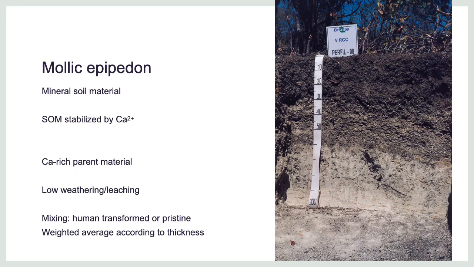Or, as is most common, you can find pristine conditions, just the natural conditions, where the interaction between the soil formation factors creates a Mollic pattern, okay? And also something that's quite important is that in this specific case, we need to consider an average that's weighted according to the thickness of this specific horizon. I will talk about this in the next few slides, okay?